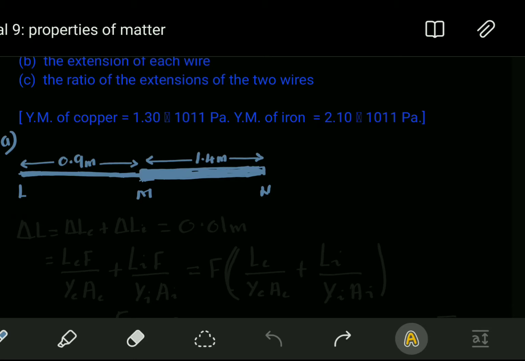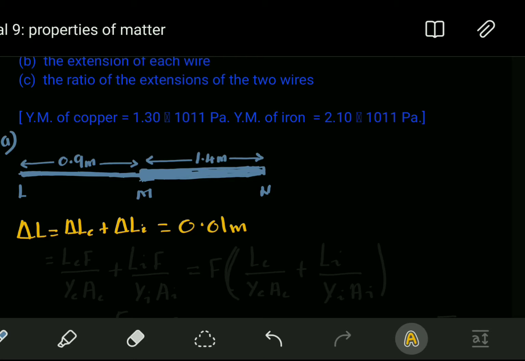We also know that the total elongation is given as the elongation of the copper wire plus the elongation of the iron wire, which is equal to 0.01 meters, because we are told earlier in the question that the total elongation is 0.01 meters.